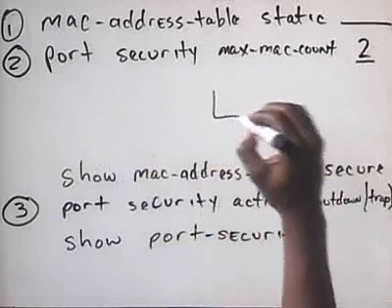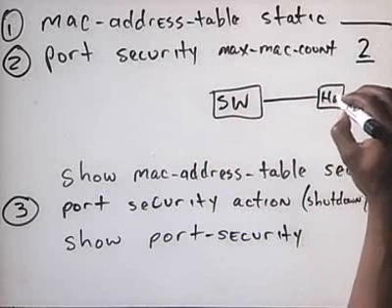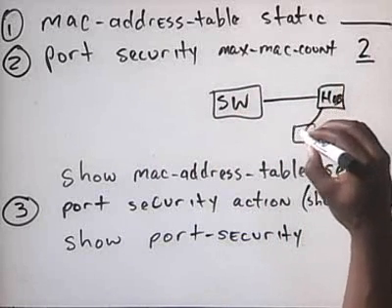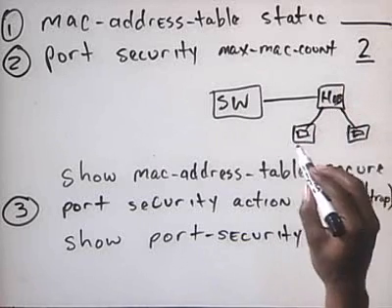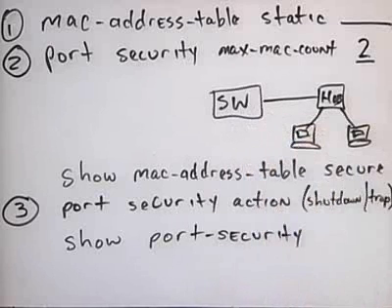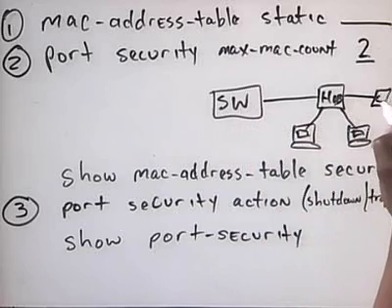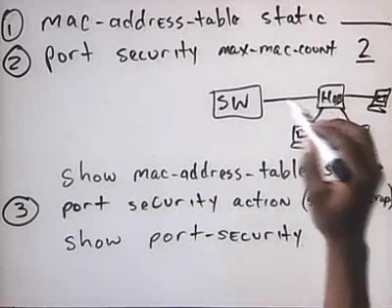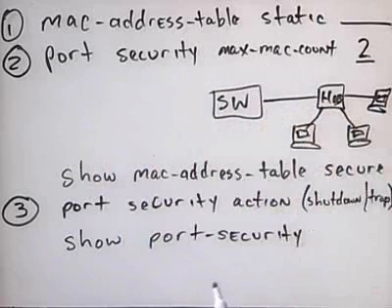This means that, say for instance, you have a switch here and a hub, and there are 2 PCs attached to that hub. That's the 2 MAC addresses that can be learned on this particular port. If someone else comes along and plugs a third PC in, that's a third MAC address, and port security will not allow that particular port.